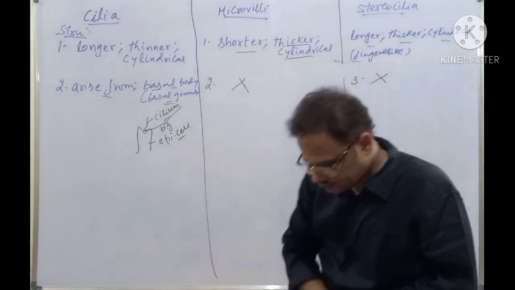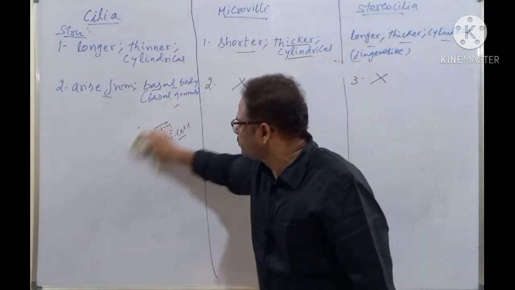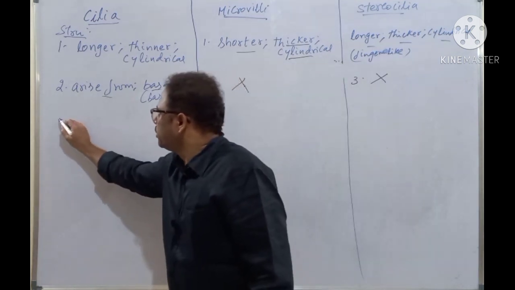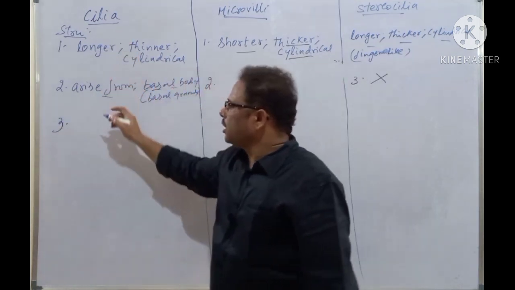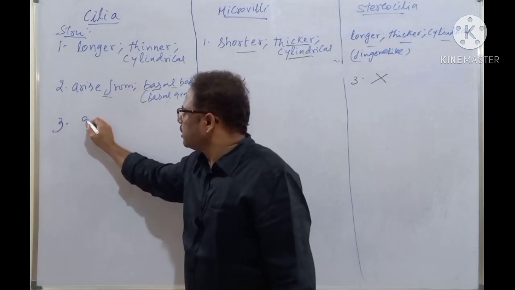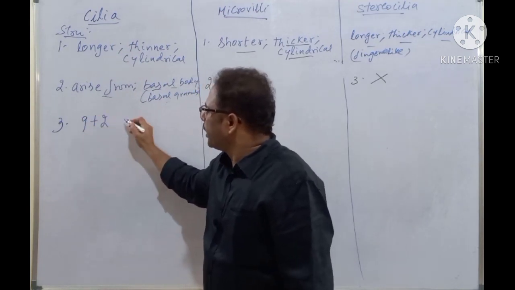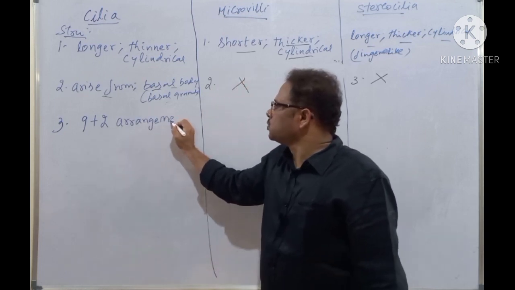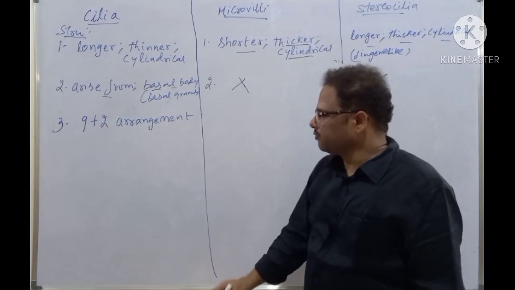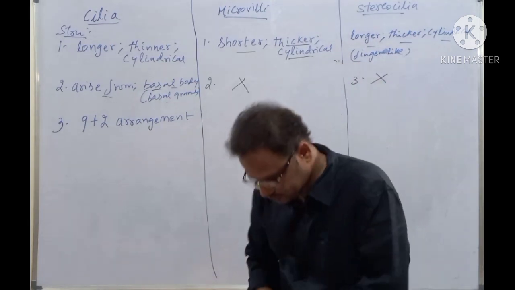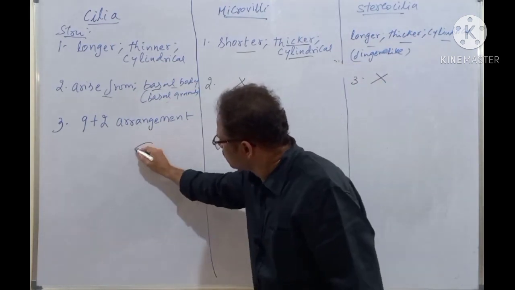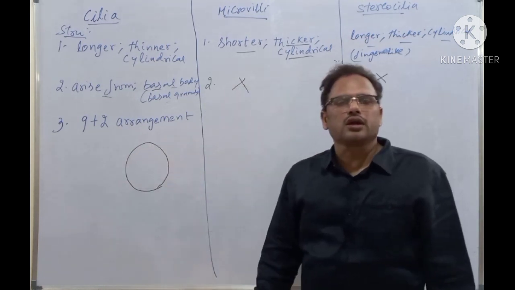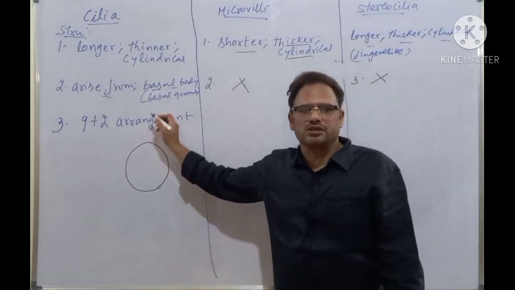Clear? Next point. The third point now. Cilia contain the 9+2 microtubular arrangement. For example, this is the ultrastructure. What is an ultrastructure? Ultrastructure means the microscopic, detailed structure of the cilia.